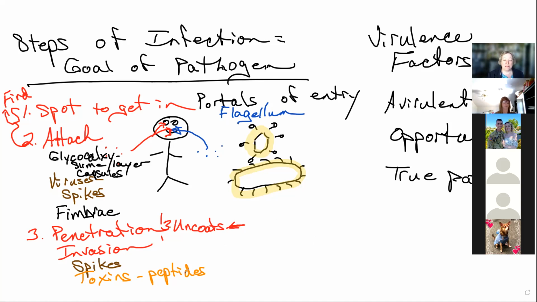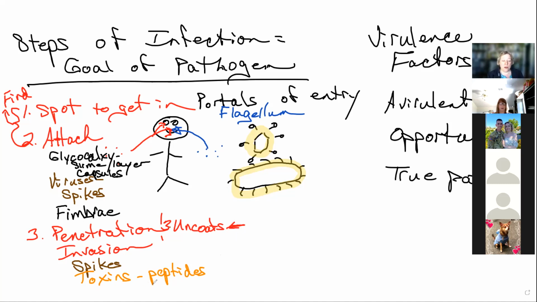Some of them specifically target white blood cells. So these are peptides that do all sorts of nasty things. But the ones that we're interested in for invasion are ones that would kill a cell or trick it into taking the pathogen in.